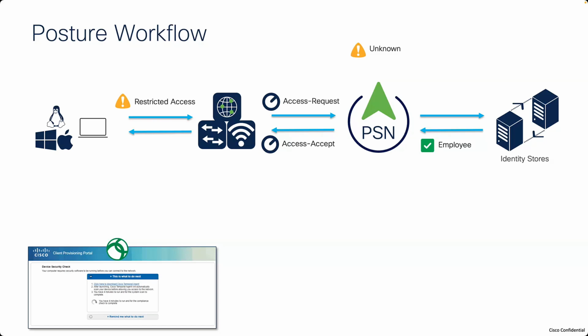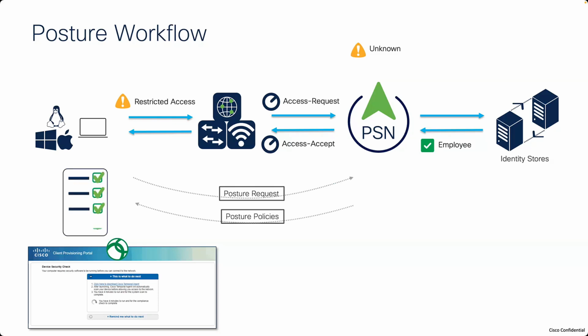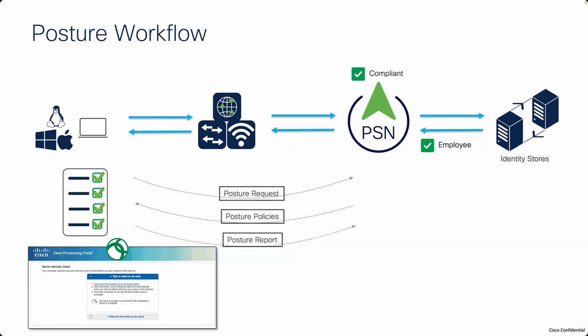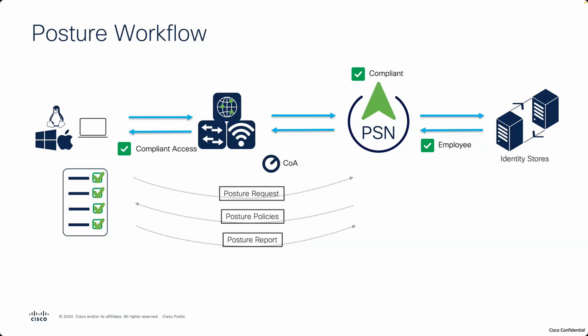This temporal agent is nothing but an executable file on a Windows or Mac operating system. This executable file automatically discovers the PSN, retrieves the posture policies, evaluates them, and sends the report back to ISE in order to get compliant or non-compliant access accordingly. Once the assessment is done, the temporal agent executable file is automatically deleted.